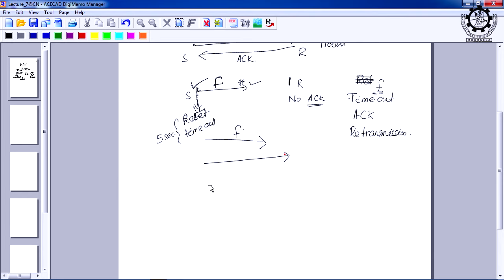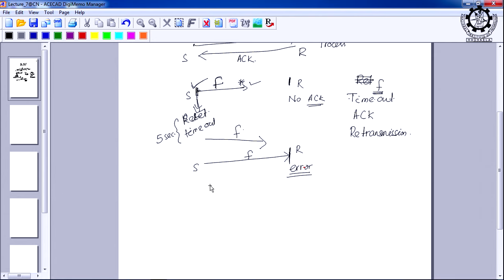Another scenario is, let us say the sender sends the frame and the receiver receives the frame, but when it detects the error, it finds that the frame that has arrived is erroneous. You know the different error detecting mechanisms are there.